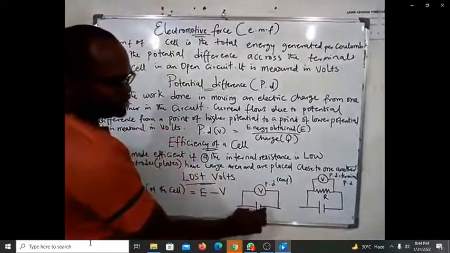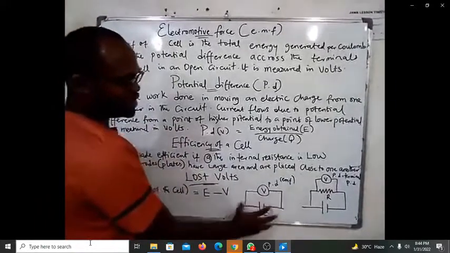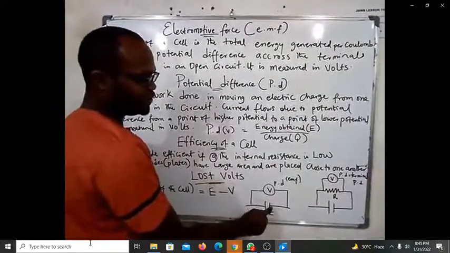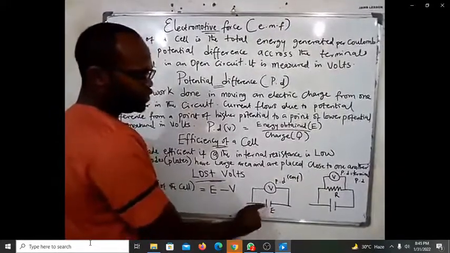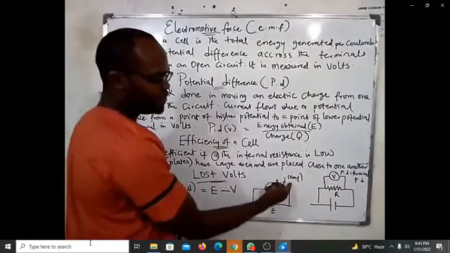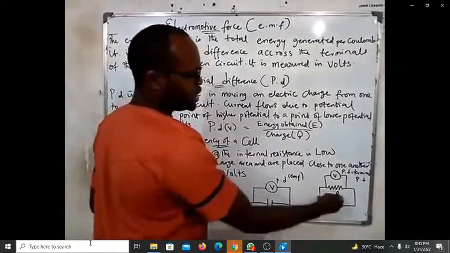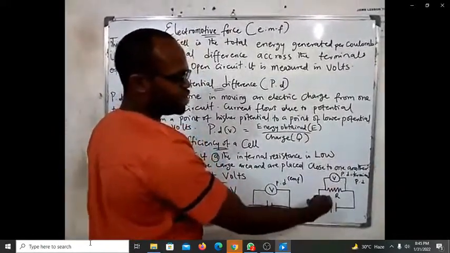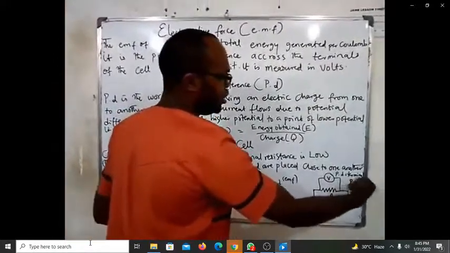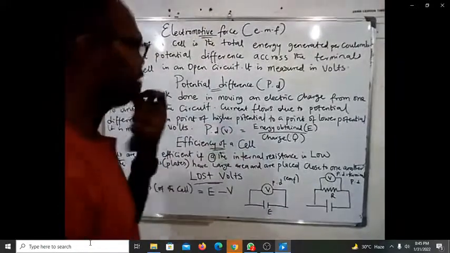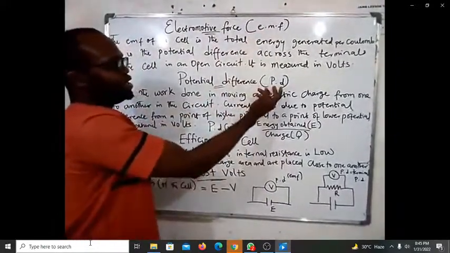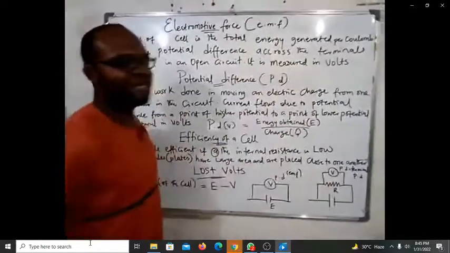But for this one, this is another circuit. There is no resistor. It's just the cell itself. So, for charges to move, there has to be a force, and that force is known as EMF. But if the circuit is connected with resistor and other electrical components, the force going is known as potential difference or terminal PD. So you can say that the electromotive force and potential difference are very similar.